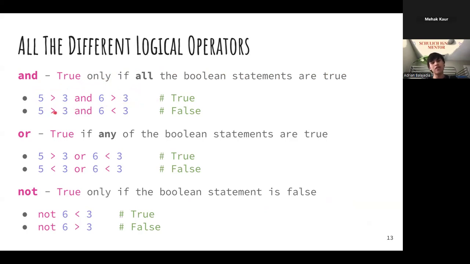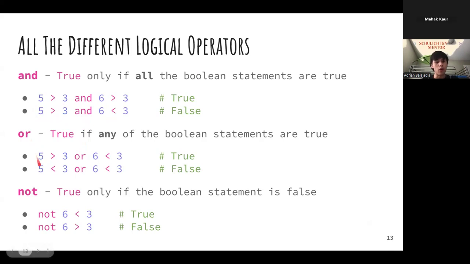But 5 is greater than 3, that's true, and 6 is less than 3, that's false, because if we use an and, both statements have to be true for the entire thing to be true, if that makes sense.